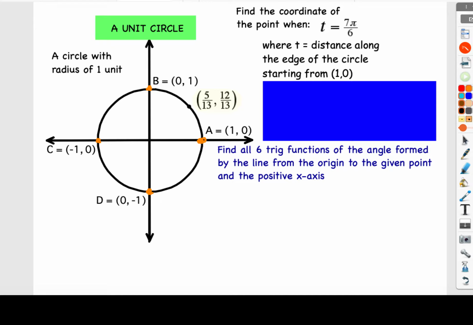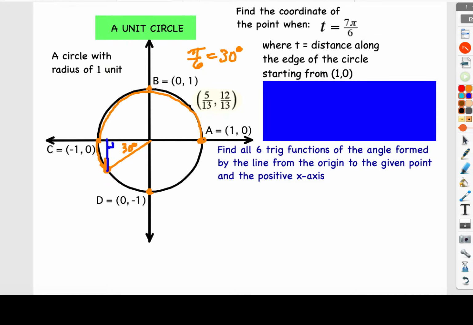Well, if pi over 6, remember, was 30 degrees, then we want to go 7 pi over 6. We want to go 7 times 30, or essentially 210 degrees, leaving ourselves a 30-degree angle between this line and the x-axis. Well, in that case, we could draw ourselves a nice triangle with that 30-degree angle there.